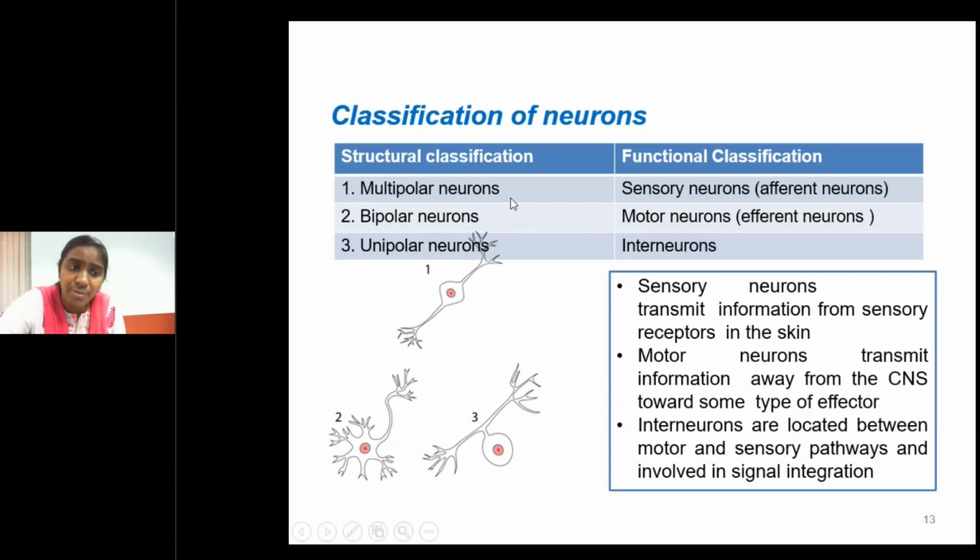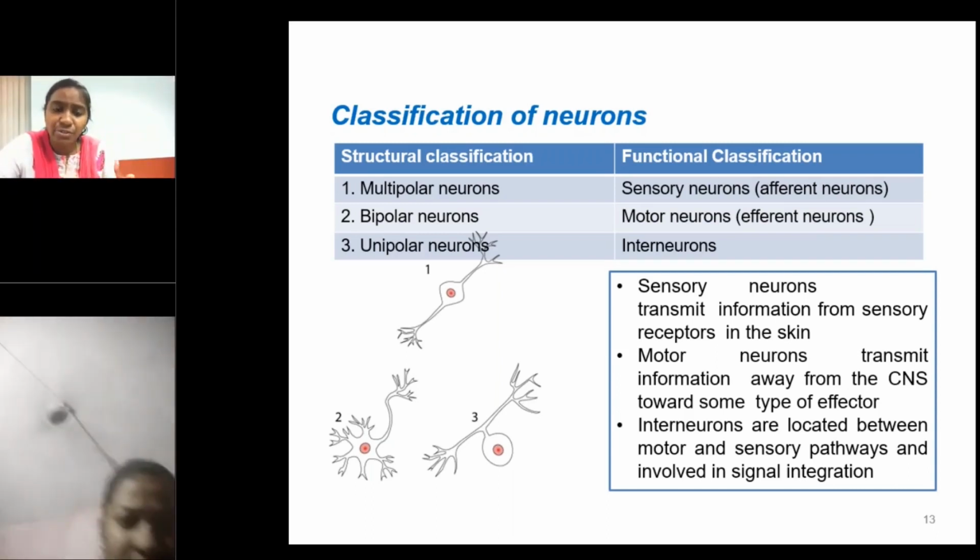Next, classification of neurons: multipolar neurons, bipolar neurons, and unipolar neurons. Multipolar neurons help in the sensory path; they act as sensory neurons. Bipolar neurons act as motor neurons, and unipolar neurons are interneurons.